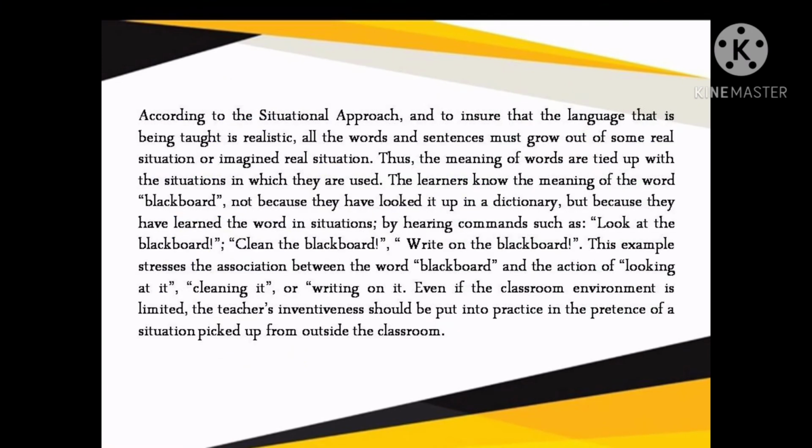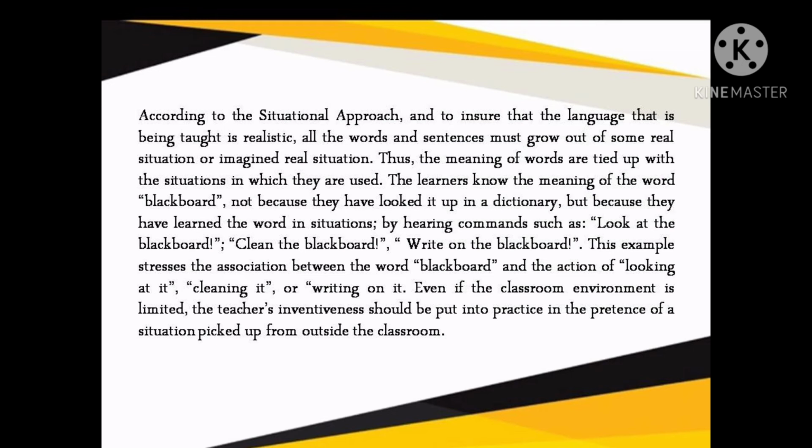According to the situational approach, to ensure that the language being taught is realistic, all the words and sentences must grow out of some real situation or imagined real situation. Thus, the meanings of words are tied up with the situation in which they are used.